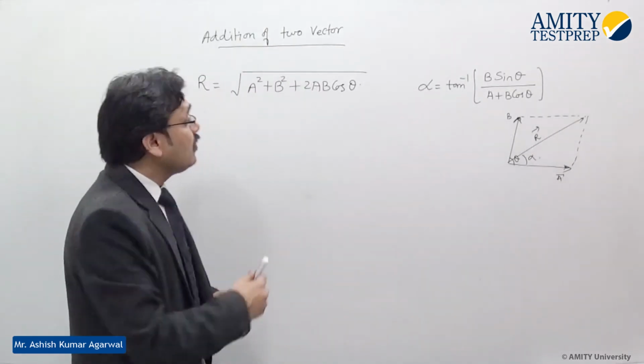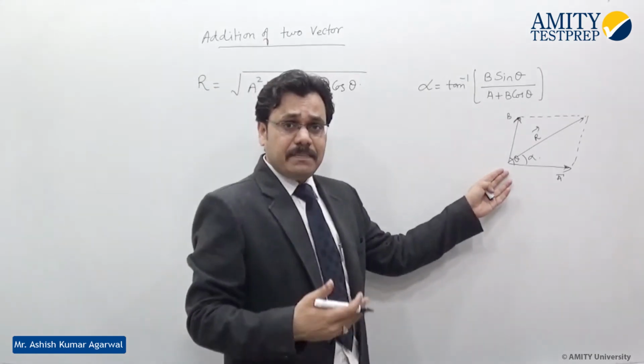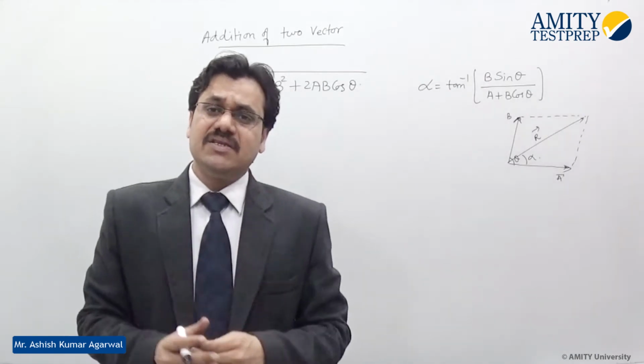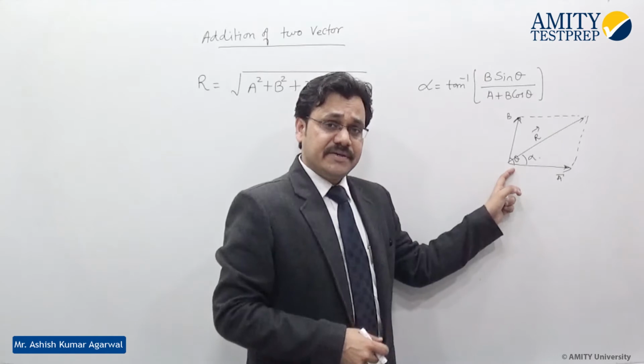As we discussed, the addition of two vector quantities uses the parallelogram law, where two vectors are represented by the two adjacent sides of a parallelogram. The angle between the two vectors is theta.